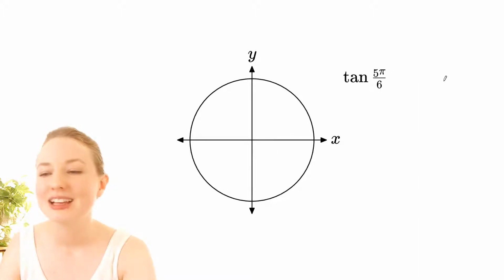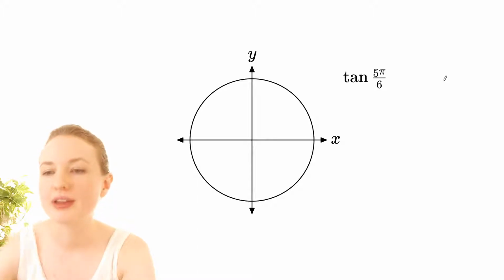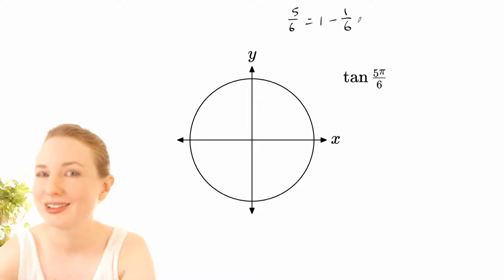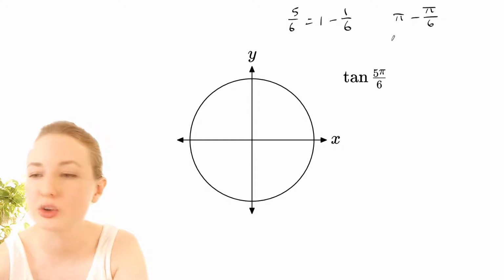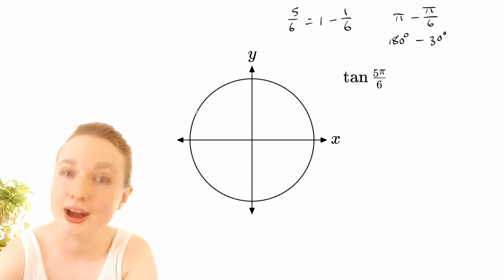What about tan of 5 pi on 6? I would think of the 5 on 6 as being 1 minus a sixth. So 5 pi on 6 is pi minus pi on 6. Or you can convert that into degrees and think of it as 180 minus 30. So that's going to be right there.